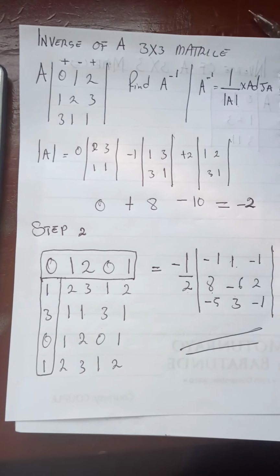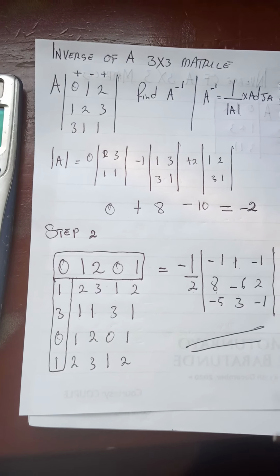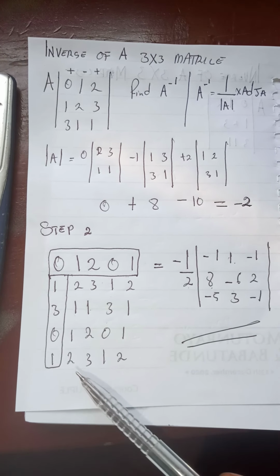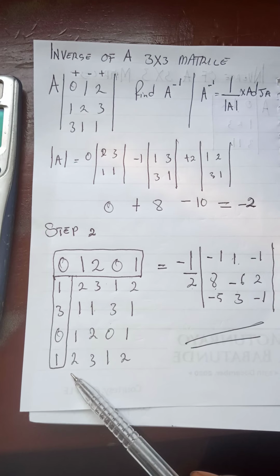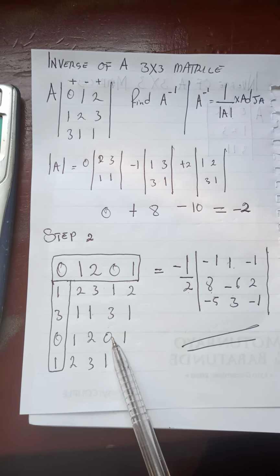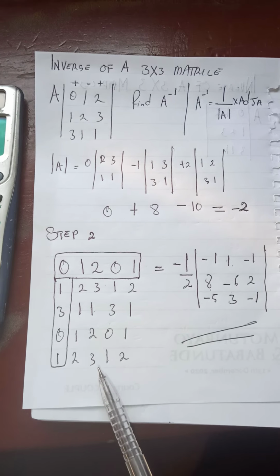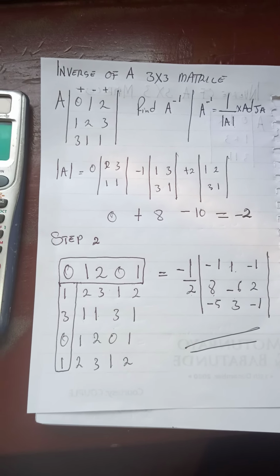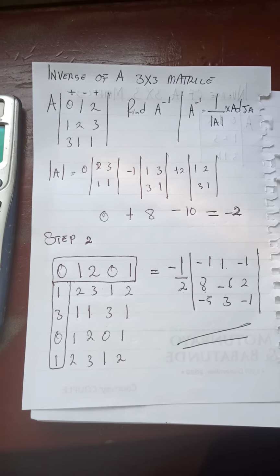And finally, for the last part, we have 3 times 2, 6. 2 times 2, which is 4.